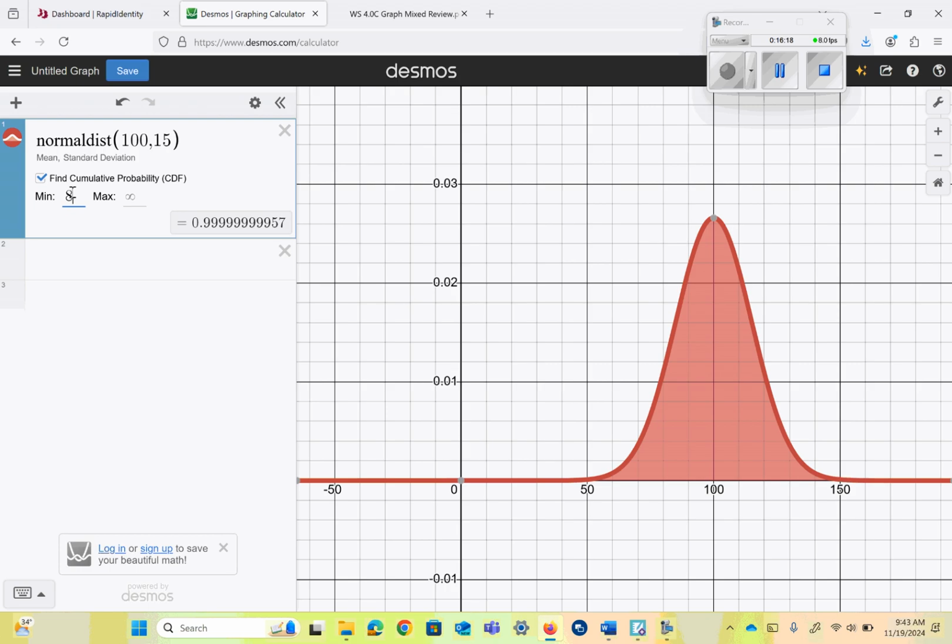Okay, so I'm going to delete this, negative infinity, type in 109. So basically, the chance of randomly selecting a person out of the population who has an IQ of 109 or less is roughly 72.6%. Okay, that's how you kind of look at it.